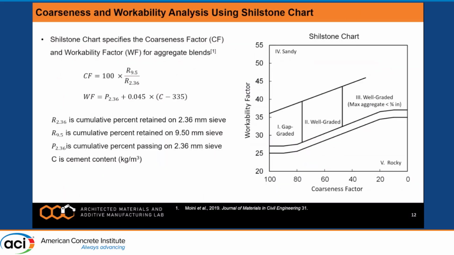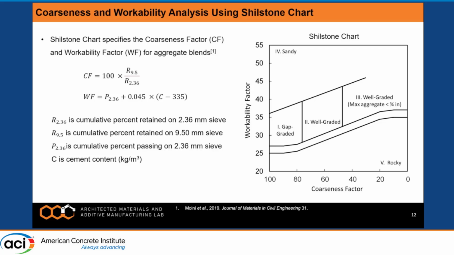Quantitatively speaking, we also looked at the Shilstone chart. These charts basically provide an understanding of how the workability and gradation are in terms of different ranges. You have a gap-graded range, well-graded range, rocky, and the sandy range. It's a function of the workability factor and the coarseness factor.